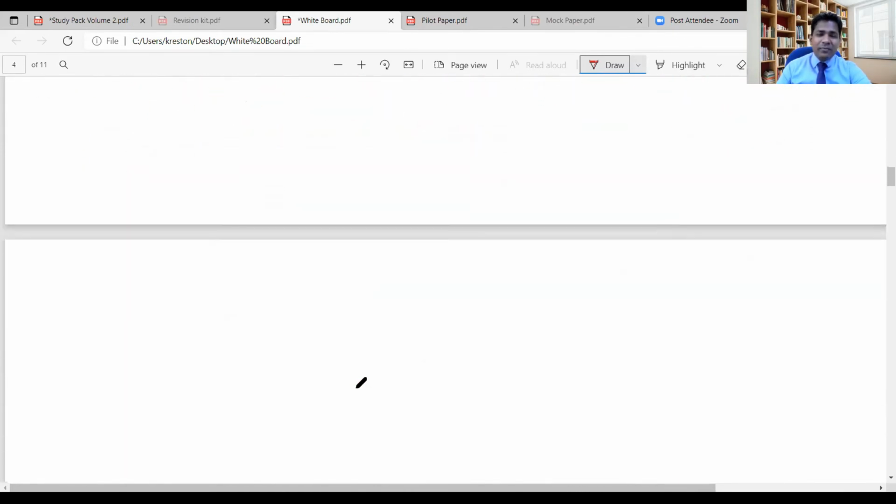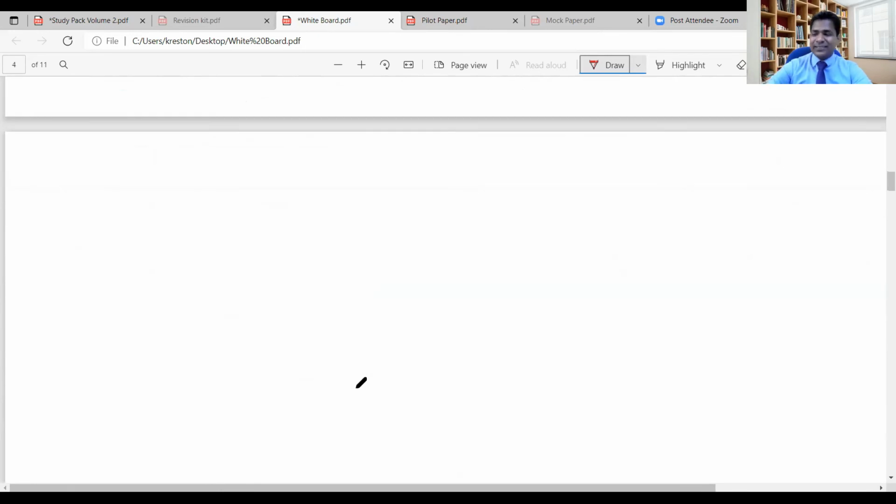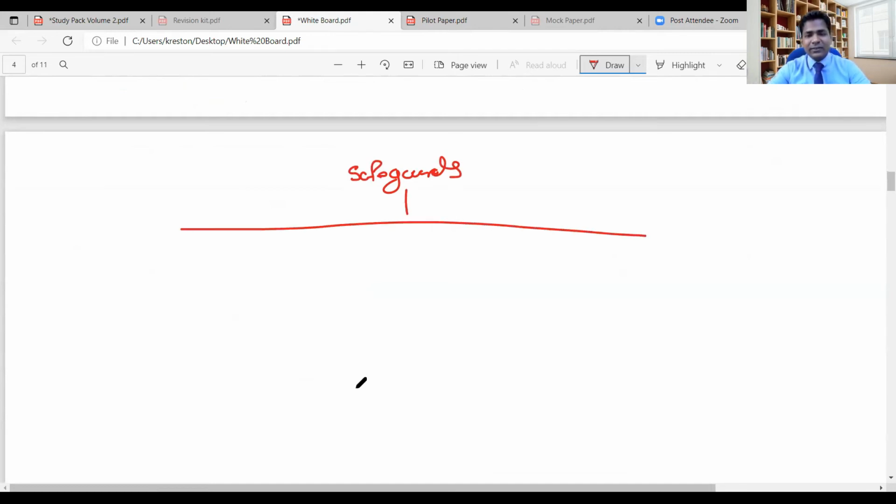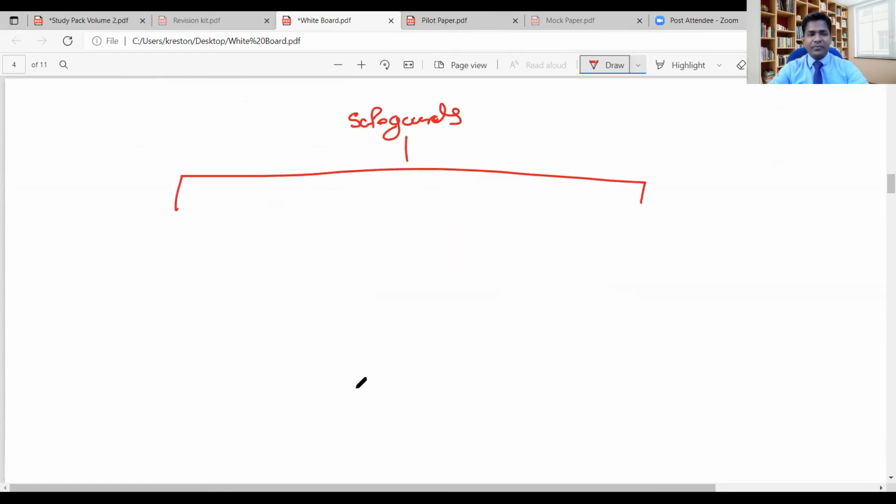As per the code of ethics, these safeguards are divided into two.